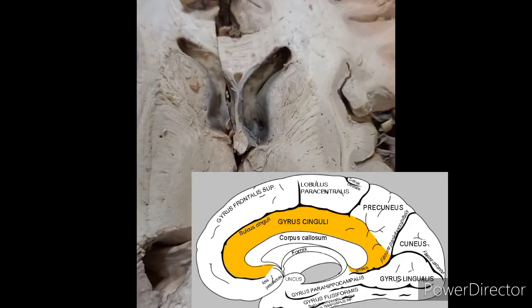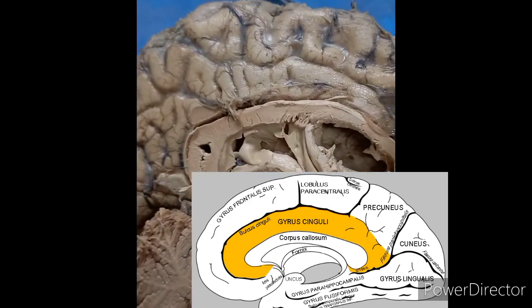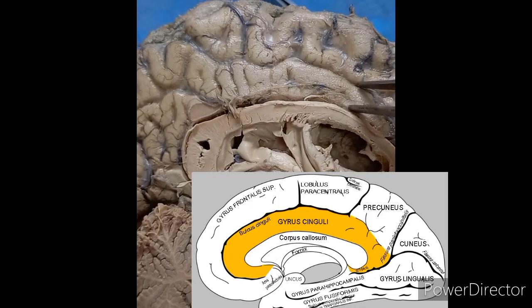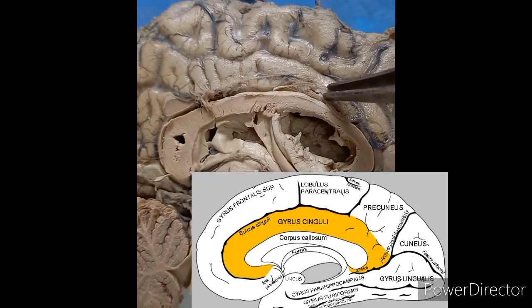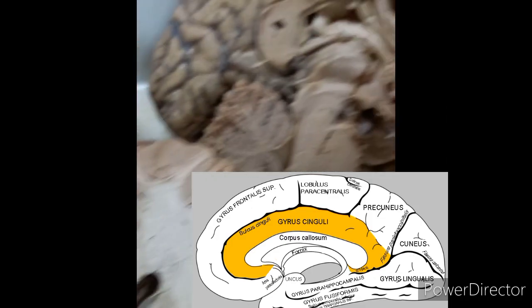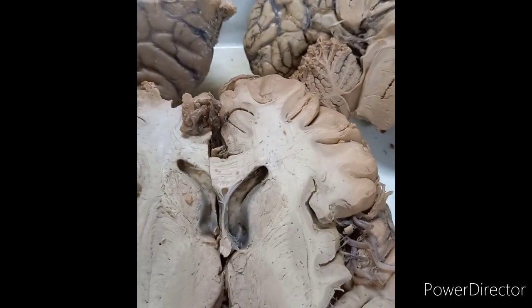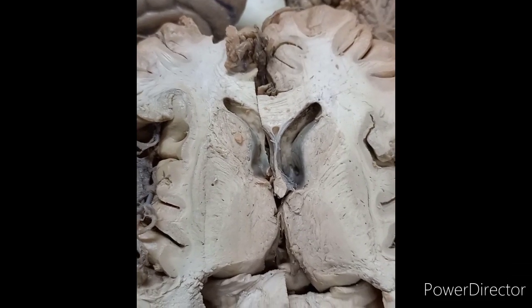So, what is gyrus cinguli? We can see from this. This one is the callosal sulcus, and just above this is the gyrus cinguli. So, through this anterior limb, the anterior thalamic radiation and gyrus cinguli are connected by efferent and afferent fibers.